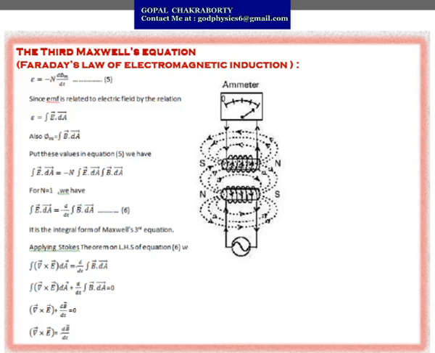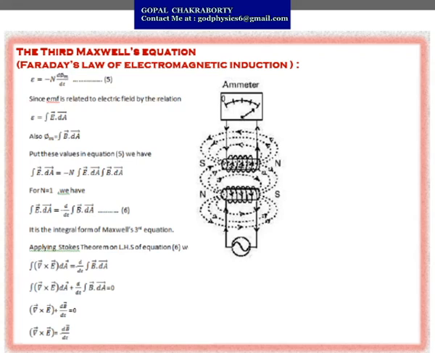We get the integral of E dot dA equals minus n times the surface integral of B dot dA. So for n equals 1, we have the integration of E dot dA equals minus d dt of the integration of B dot dA. Now this is the integral form of Maxwell's third equation.